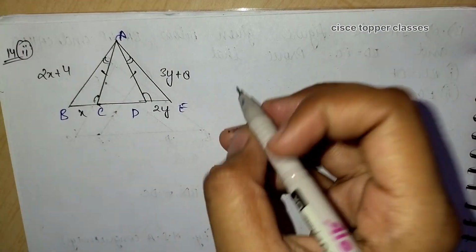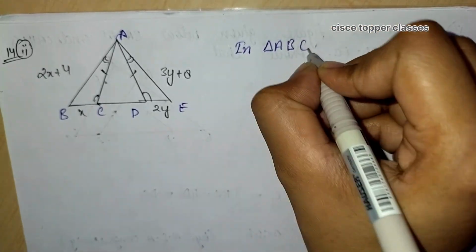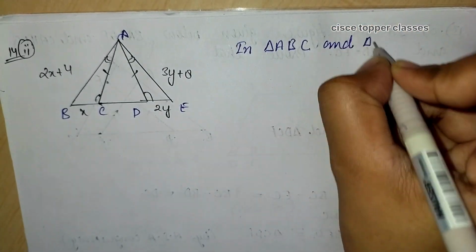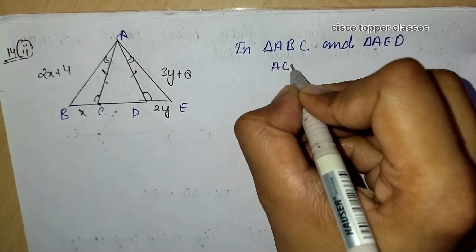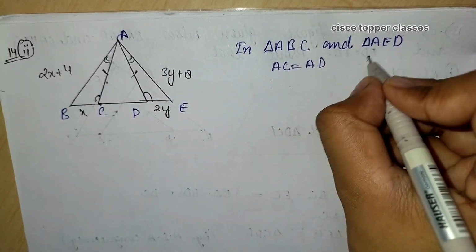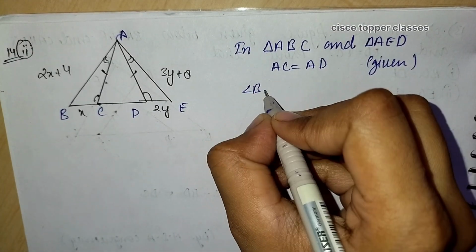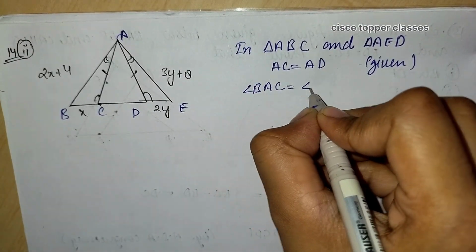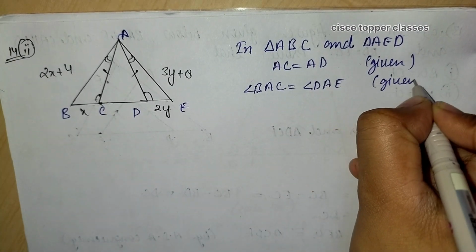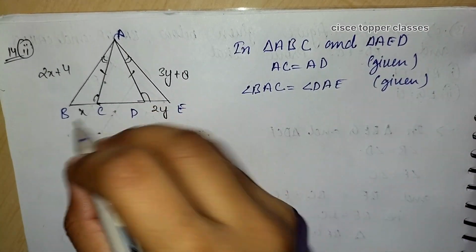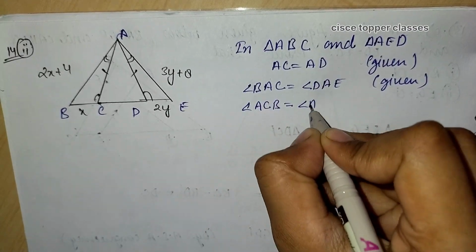Let's solve the 14 second part. Here we have triangle ABC and triangle AED. Firstly, AC is equal to AD, which is given to us in this question. Now we have angle BAC is equal to angle DAE. This is also given here, and angle ACB is equal to angle ADE.